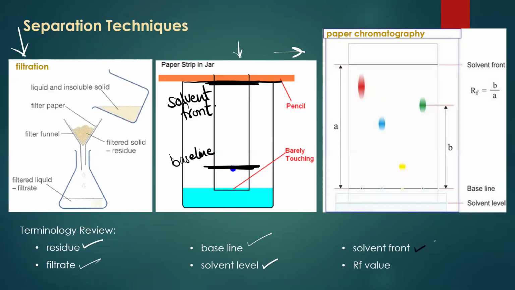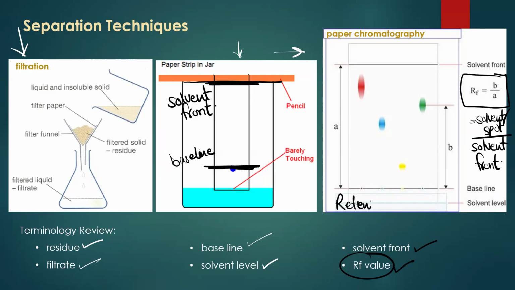Okay, so solvent front, Rf value. How will you calculate the Rf value? The formula is the distance traveled by the spot divided by the distance traveled by the solvent front. That's how you can calculate the Rf value, which is also known as the retention factor.